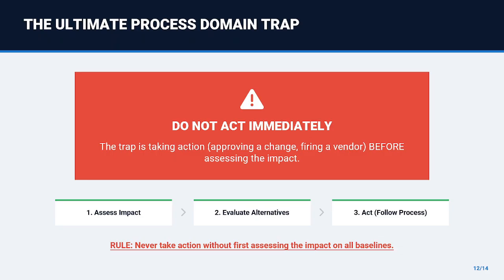As a PM, your process must always be assess the impact first. If a stakeholder requests a change, you do not say yes, you do not say no. You say, let me evaluate the impact on the schedule, cost, and scope, and then we will follow the change control process. Assess before you act.